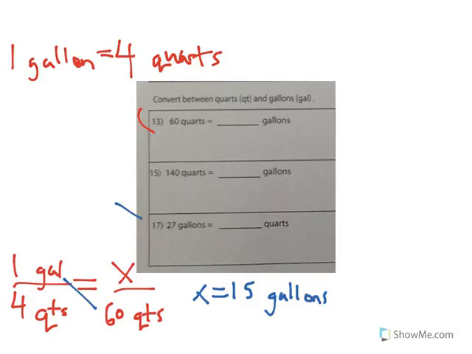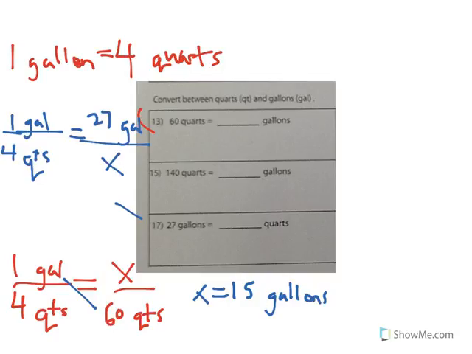I'm going to do this one also. Same idea here. It's 1 gallon equal to 4 quarts. In this case, I have 27 gallons over x.